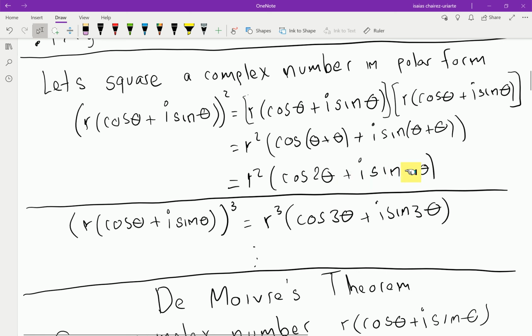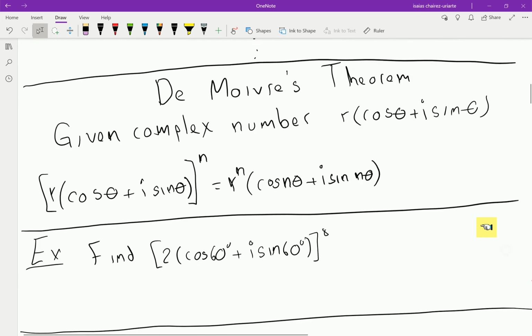If I wanted to raise the complex number to the third power, a similar thing happens. All you have to do is raise the modulus to the third power and then triple the angle. If you were to raise the complex number to the fourth power, you would have r to the fourth, cosine of 4 theta plus I sine of 4 theta, and so on and so forth.